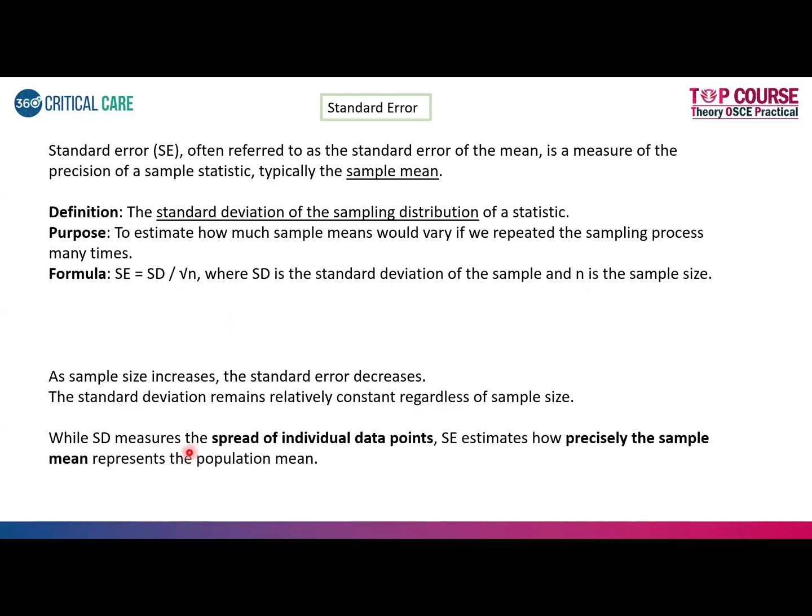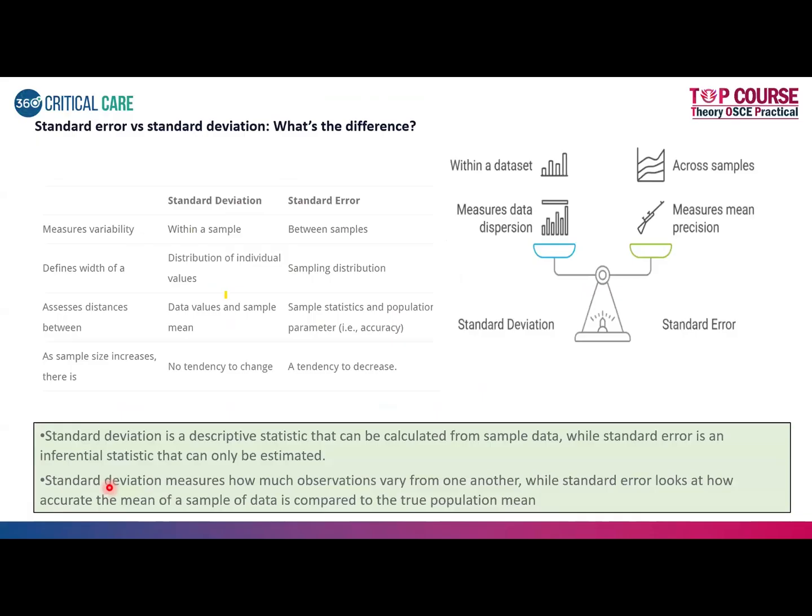While standard deviation measures the spread of the individual data points, the standard error estimates how precisely the sample mean represents the population mean. So the standard deviation is within a data set, and standard error is across the samples or between the samples.